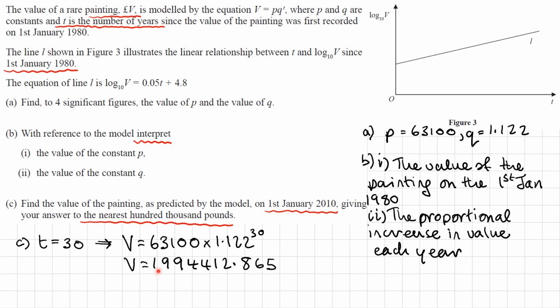So that's basically about £1.9 million. Good investment, that picture. It needs to be rounded to the nearest 100,000. So that will actually round up to £2 million. So this is going to be its value after 30 years. Not bad at all.